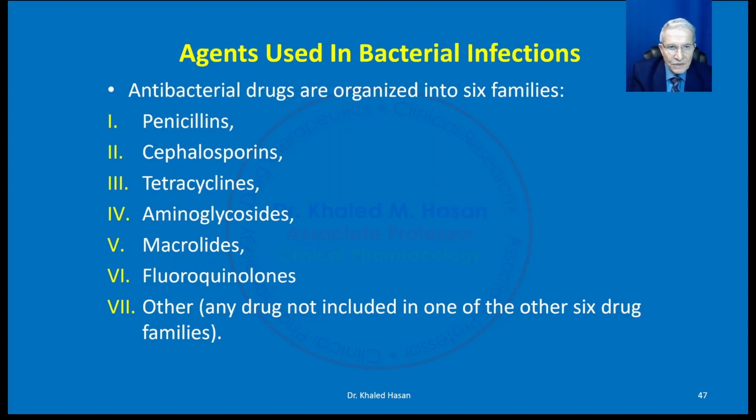This slide presents the categories of antibacterial medication or antibacterial drugs. In this slide, they divide the antibacterials into families according to the chemical structure of the antibacterial. As you can see, first we have penicillin, then cephalosporin, tetracycline, aminoglycoside, macrolide, then fluoroquinolones, and then other families.